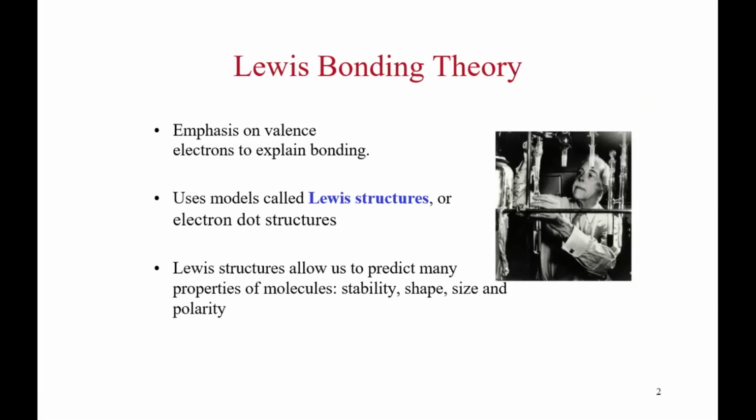What is good about the theory is that it allows us to predict several properties of molecules: how stable they are, what shape they have, what size they have, and a very important property that we're going to be exploiting for the rest of the semester, called polarity.